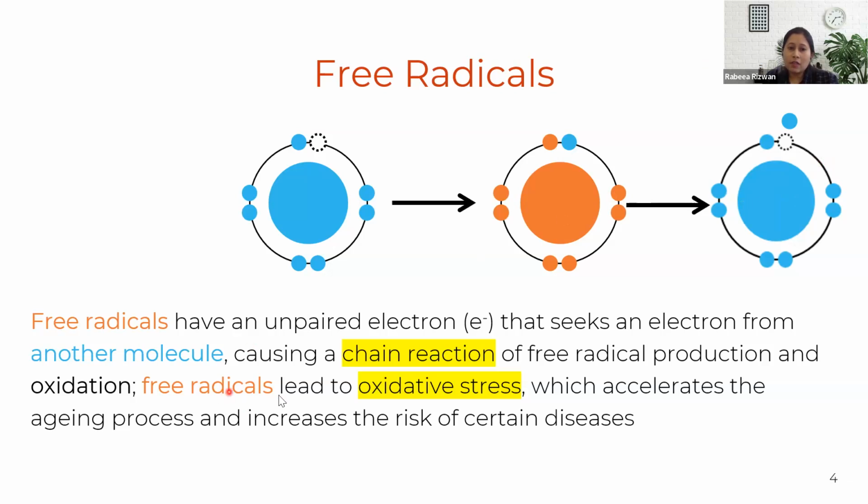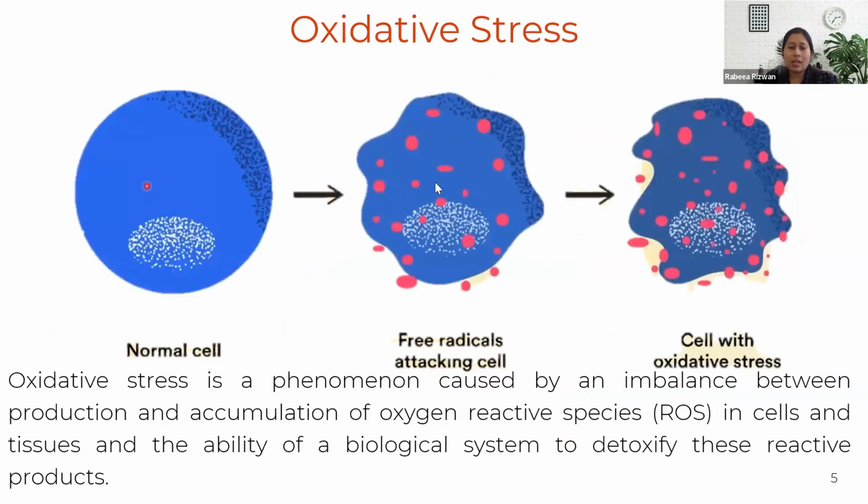As a result, free radicals lead to oxidative stress, which quickens the aging process of our body and increases the risk of certain diseases. But what is oxidative stress? Oxidative stress is a phenomenon caused by an imbalance between the production and accumulation of reactive oxygen species in our body.